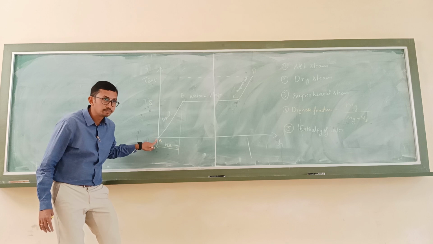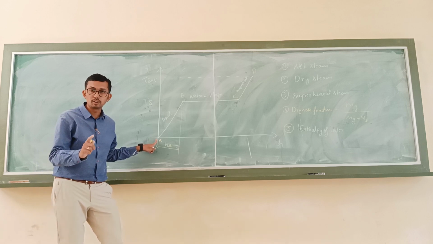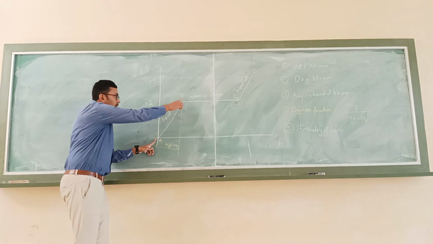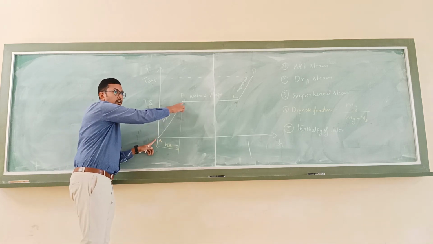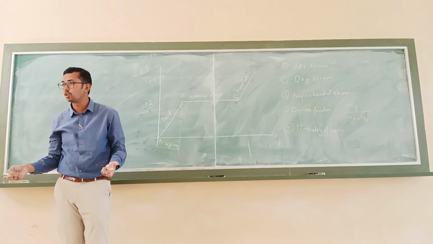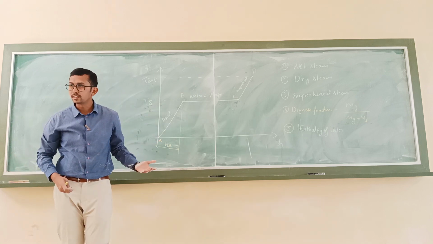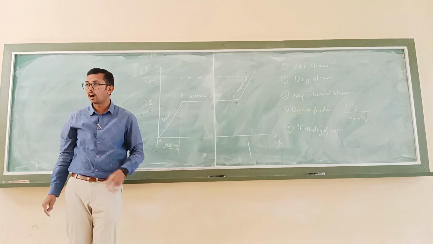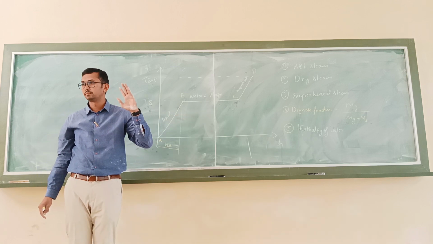Amount of heat required to convert 1 kg of water at 0 degrees Celsius to 1 kg of water at saturation temperature at a given pressure is called as what? Enthalpy of water or latent heat of water or sensible heat.